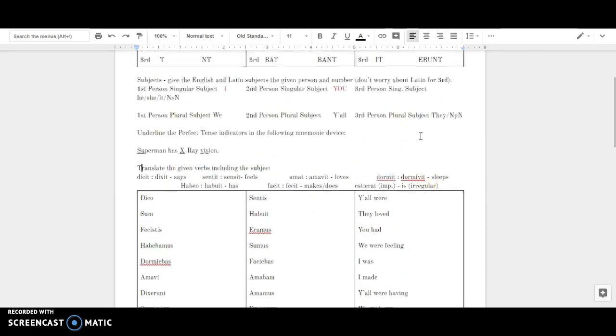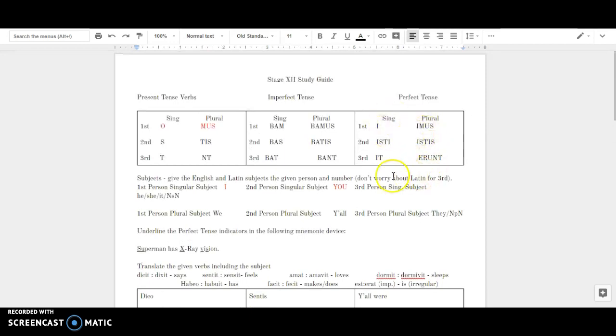So like I said earlier, for the perfect tense, these 6 endings right here, i, isti, it, imus, istis, erunt, those will get added on. Those will replace the it at the ends of these verbs right here in the perfect tense in all of these. Dixit, sensit, amavit, dormivit, habuit, fecit, and erat, which is actually imperfect, so that doesn't count. But for those first 6, you will replace the it ending with any of these perfect tense endings on the second form of the verb that you're given in a vocab list setting.